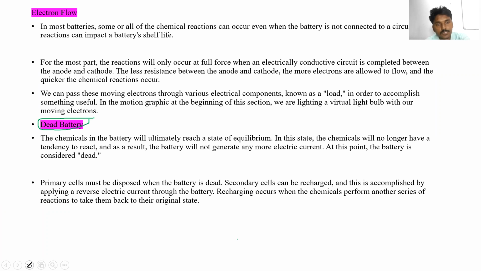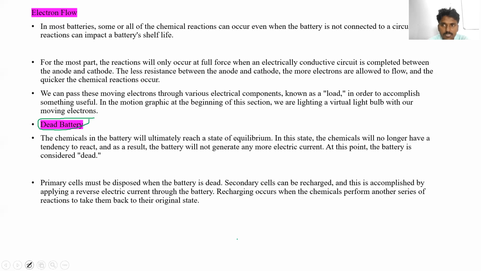The chemicals in the battery will ultimately reach a state of equilibrium. In this state, the chemicals will no longer have a tendency to react, and as a result the battery will not generate any more electric current. At this point, the battery is considered dead.